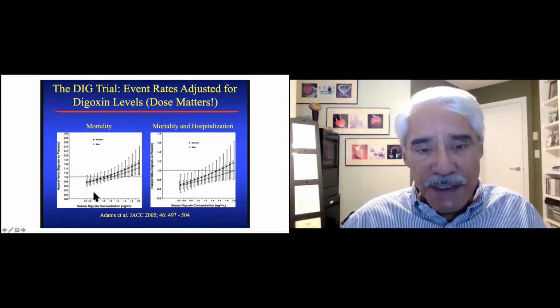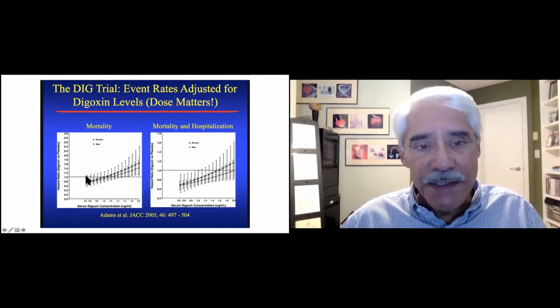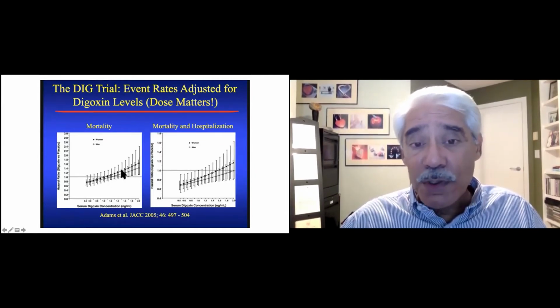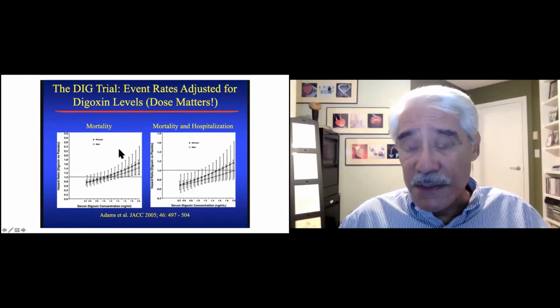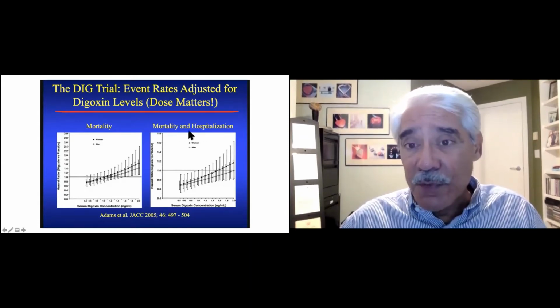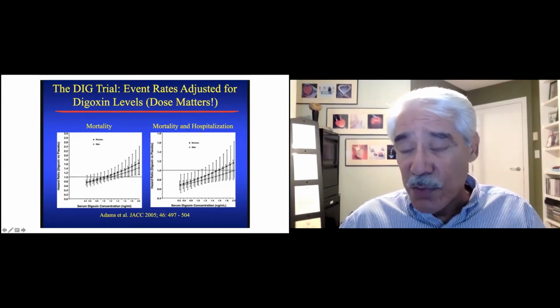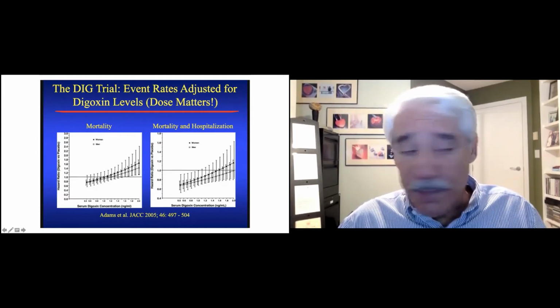And you notice that as the digoxin level was higher within the therapeutic range, mortality in women and in men both started to go up. So actually patients were dying more on digoxin than they were on placebo. And the same goes for mortality, and hospitalization was worsening as the digoxin level was in the upper half of the therapeutic range.